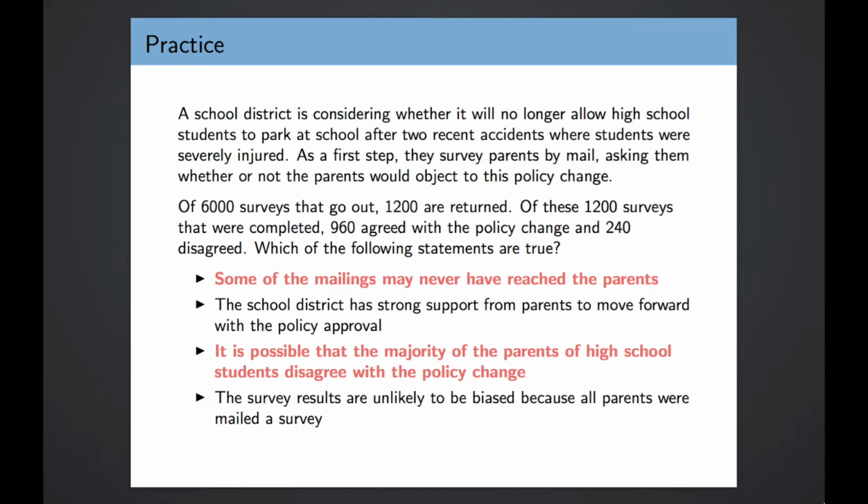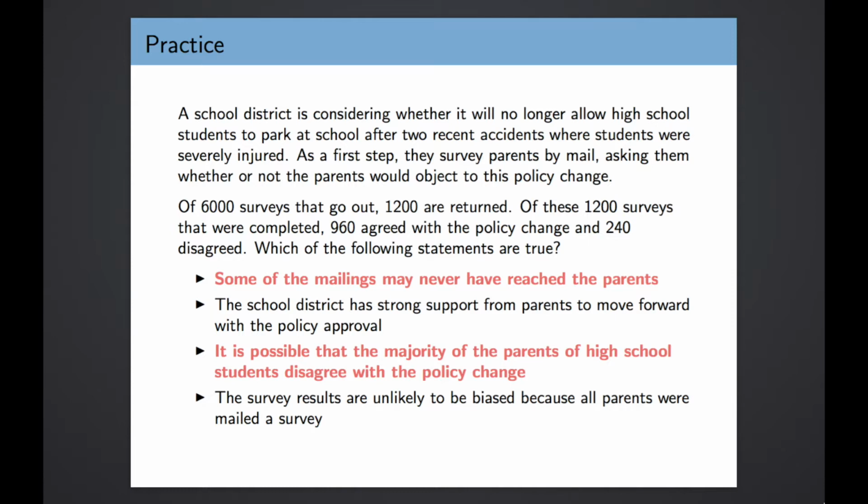And the parents who didn't return the survey might be those who have a less emotional response or a less personal experience, or some characteristic that made them both less likely to send the survey back and less likely to approve of this policy change. So just because all of the parents were sent a survey doesn't mean that the survey isn't going to be biased.